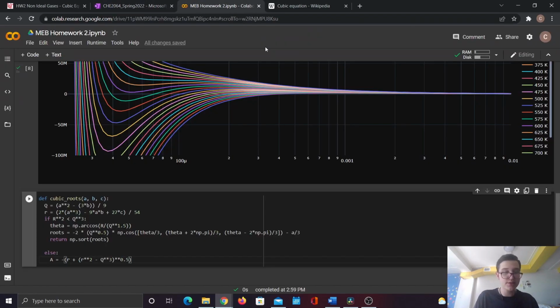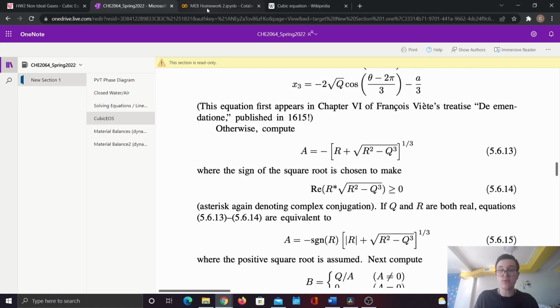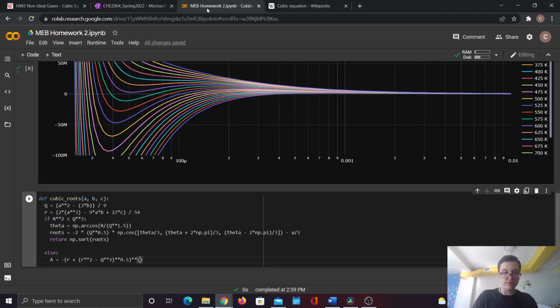And then all of this is to the power of parentheses 1/3. Good, now we have a.